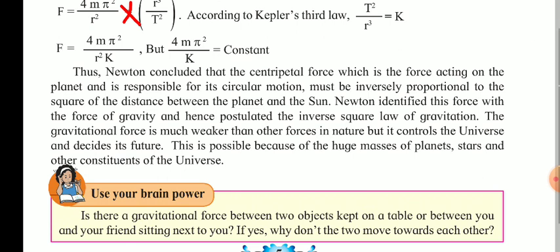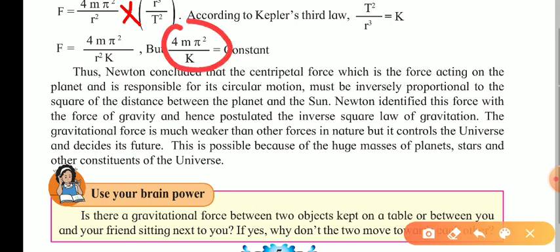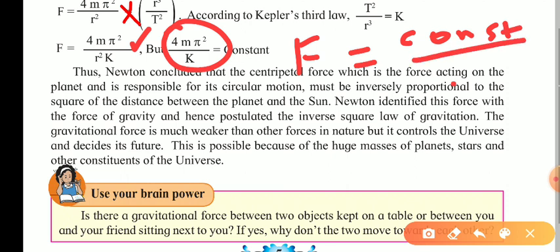Now in this, all the terms present in this formula are a constant value. It means here I can write F is equal to constant upon r square. It means what? If I look between these two, F and r square, they are inversely proportional.